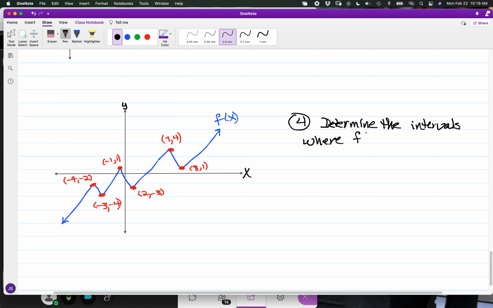So you still have the same graph, and where we have decreases, you have it.